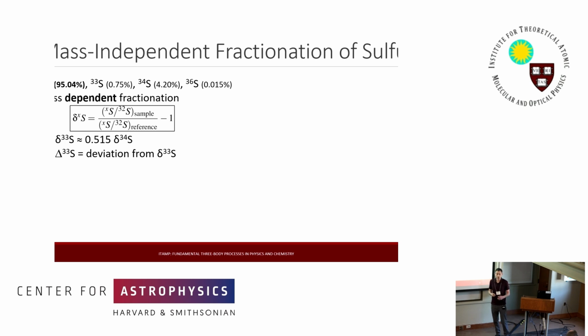And so for most modern rock samples, they exhibit this behavior, where delta 33 is about half of delta 34, and this is considered normal. However, the deviation from these constant values is given by this capital delta, and that's the mass-independent fractionation. So it still depends on mass, it's just anomalous behavior.